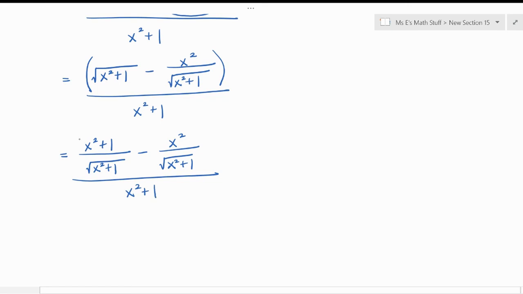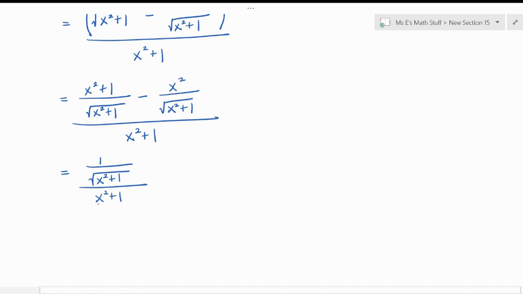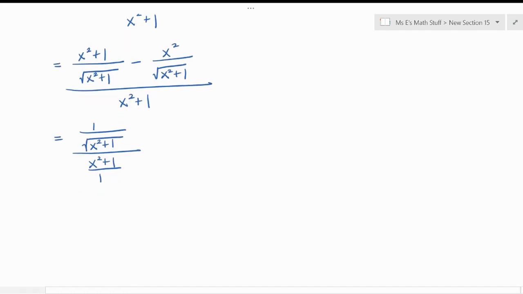And then subtracting these top fractions, I'd end up with just positive 1 over the square root of x squared plus 1, and that's all over x squared plus 1, which is over 1. And then I'll just flip and multiply. So I'll end up with 1 over basically square root of x squared plus 1 times x squared plus 1.